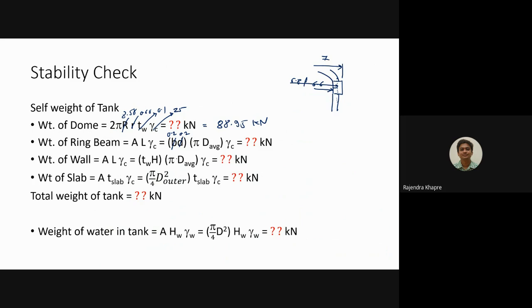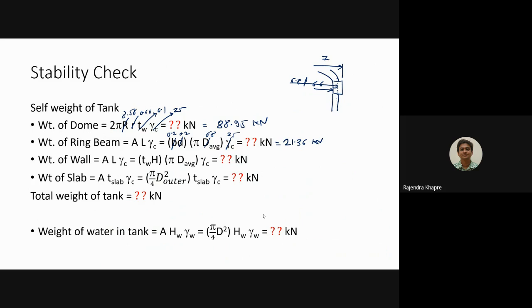So this is the average diameter, 6.8. The density of the concrete is again 25. So how much is this now? 21.36 kilonewtons.